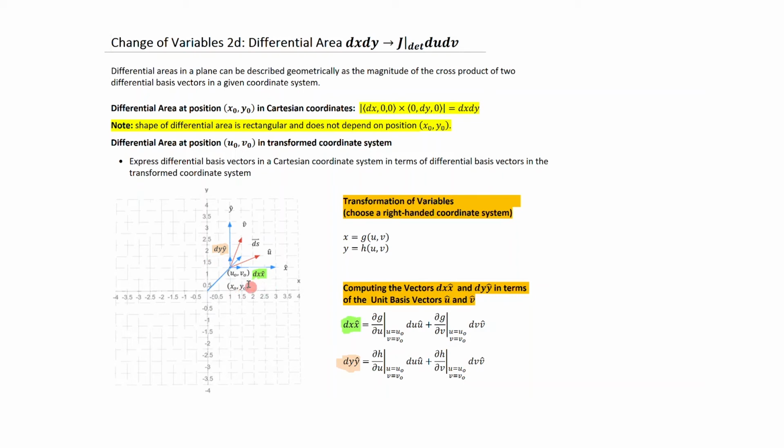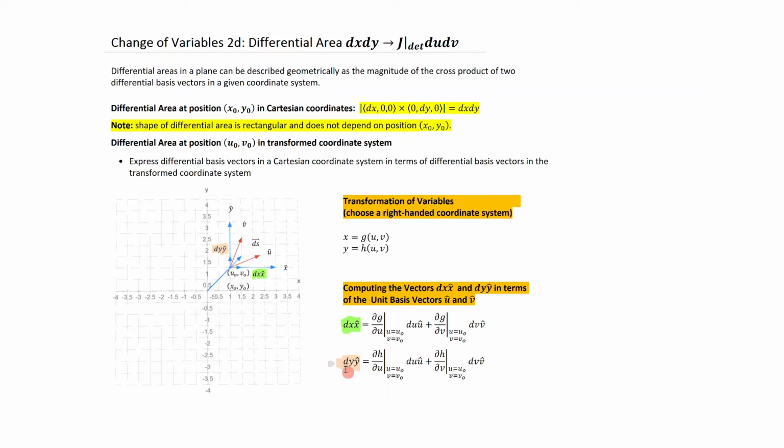Now, what we want to know is basically the relationship between u hat, v hat and x hat, y hat. So the way you do that is to compute the vectors dx x hat and dy y hat in terms of the unit basis vectors u hat and v hat. This just means you take the partial of this function with respect to u, evaluated at the point of interest, du u hat, plus the partial with respect to v, evaluated at the point of interest, dv v hat.